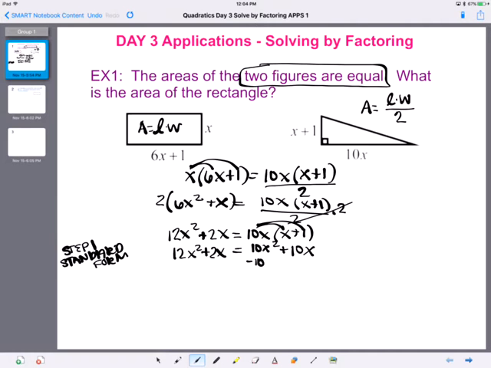So if we subtract our 10x squared, because it's the inverse of positive 10x, and if we subtract 10x, we are left with 2x squared minus 8x is equal to 0. We then can follow the same steps that we used yesterday. So step number 2 is to look for a GCF and factor.